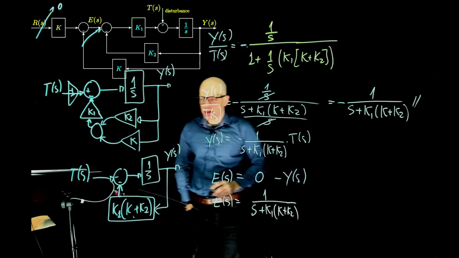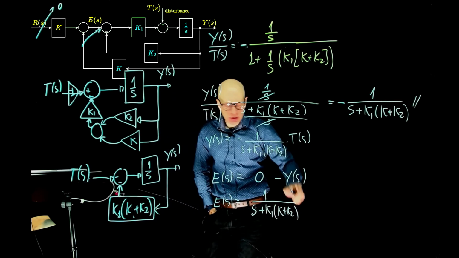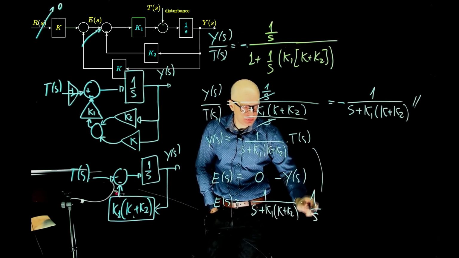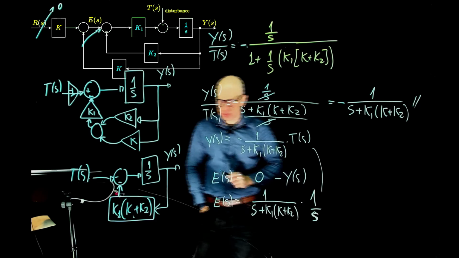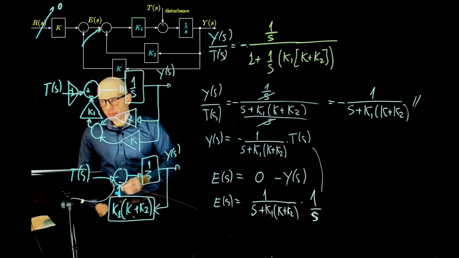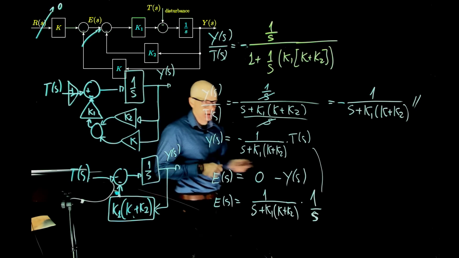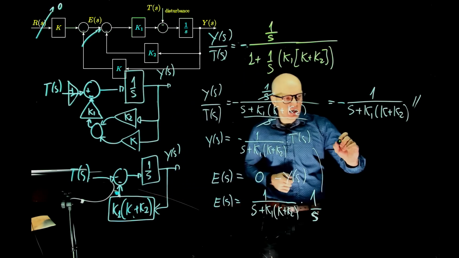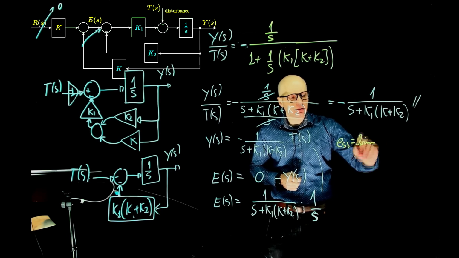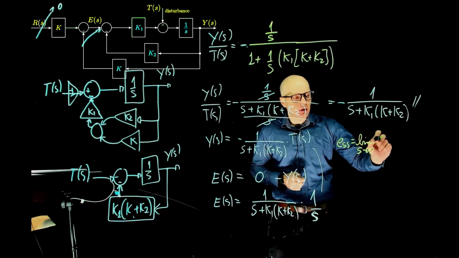And let's make this a step input, 1 over S. That's the error at all times. The error in a steady state is the limit when S tends to 0 of S times E of S.